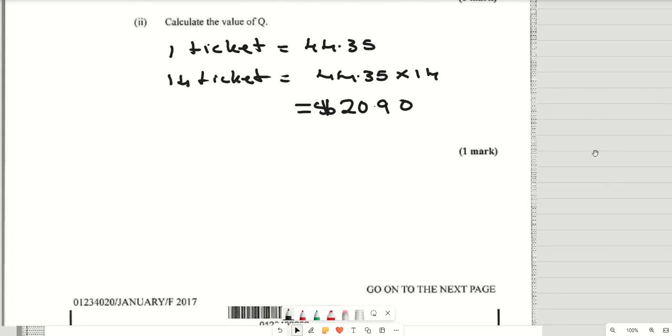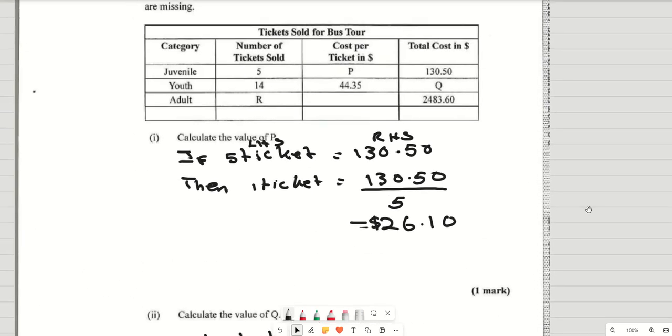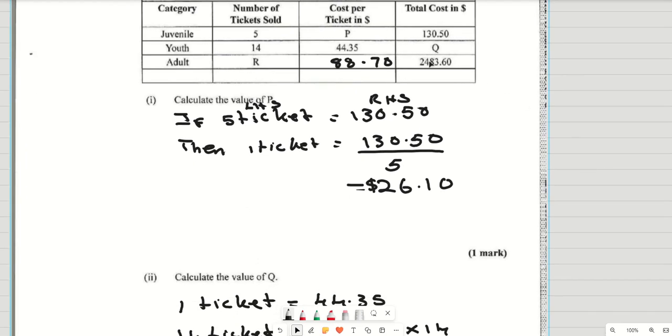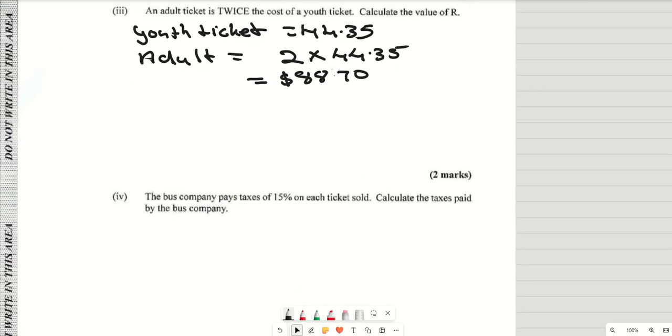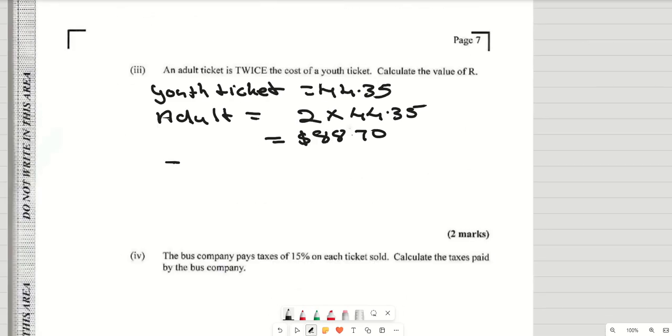They say calculate the value of R. So if we put that in, let's put $88.70. So we know the cost of one ticket is $88.70. They want to know how many tickets you would buy with $2,483.60. Right? So let's do if, then, therefore. So if $88.70 is equal to one ticket. Again, this is if, then, therefore. We're trying to find the number of tickets. That is why your left hand side is tickets, right?